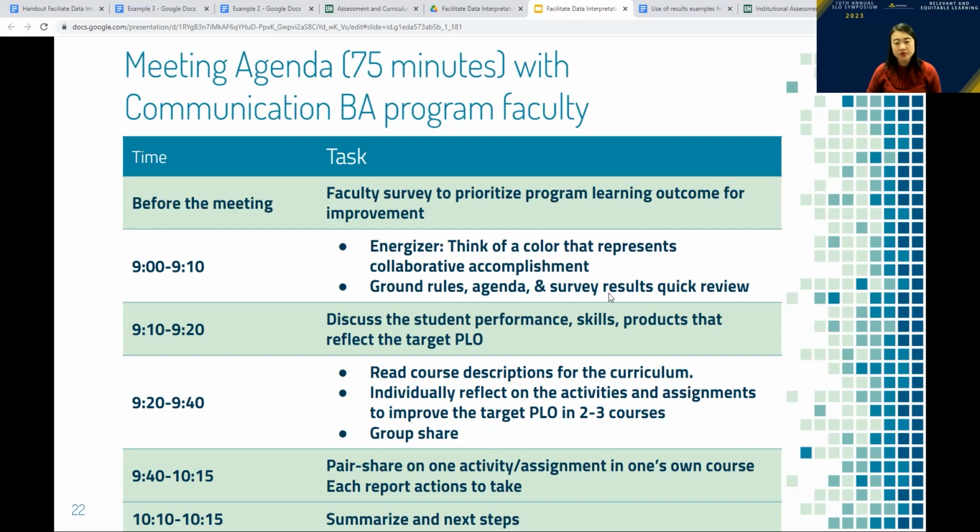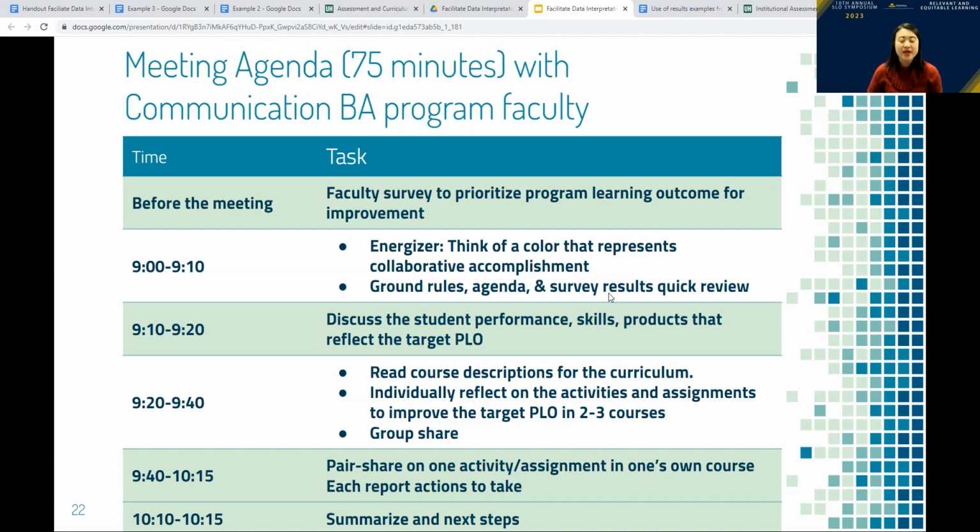And then we reviewed the survey results, which identified that PLO 6, critical analysis of ethical issues, needs to be the focus. We know that faculty do not always agree on what ethical dimensions are, or there's no shared understanding of them. So what we did, we first looked at the rubric, to see what the rubric says ethical dimensions mean, and then thought about what potential student performance, skills, and products can reflect the evidence of learning.